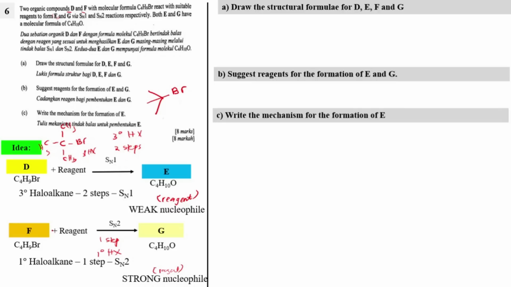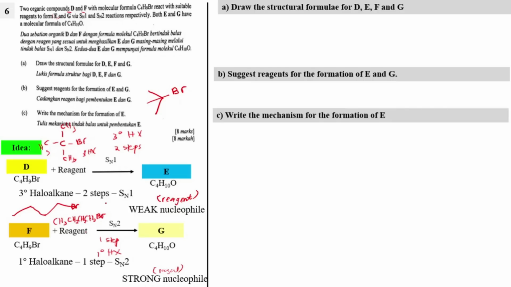Meanwhile for F, it needs to be a primary haloalkane. So it's going to be 1, 2, 3, and 4, with Br at the end here. Or you can also write it as CH3, CH2, CH2, CH2, Br.